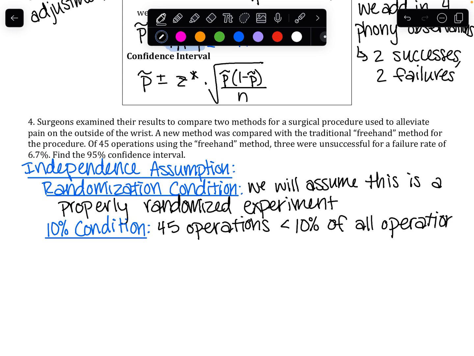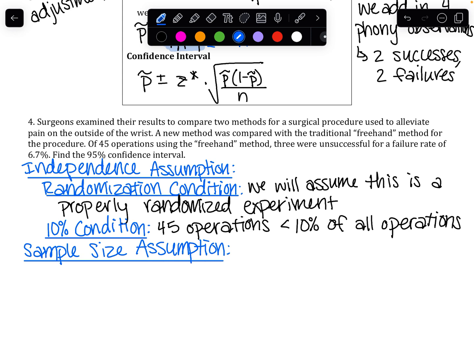And then we get to the sample size assumption. I bet you know what's going to happen. We're going to check it out anyway. Sample size assumption. And we're checking success failure because we're talking about proportions here.